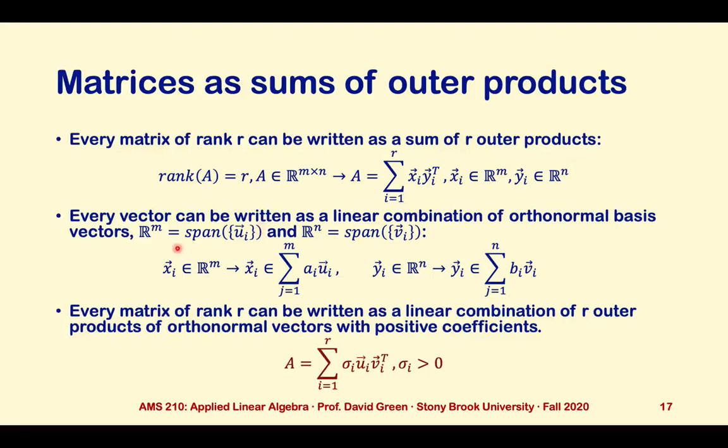So we could imagine constructing an orthonormal basis for Rm and an orthonormal basis for Rn. And this should allow us to write any of these xi's as linear combinations of these orthonormal basis vectors, and similarly for y with the second orthonormal basis set. These have to be different because in the general case, we're dealing with different parent spaces for these two vectors.